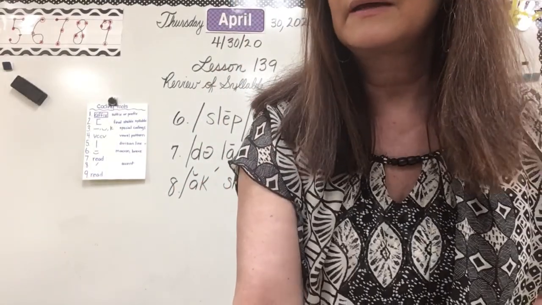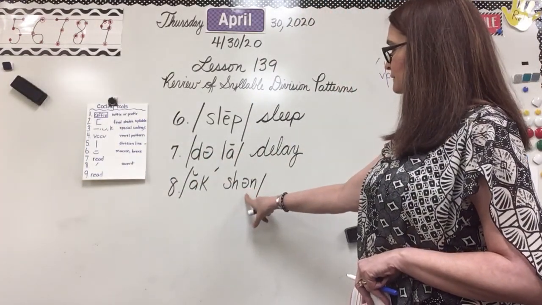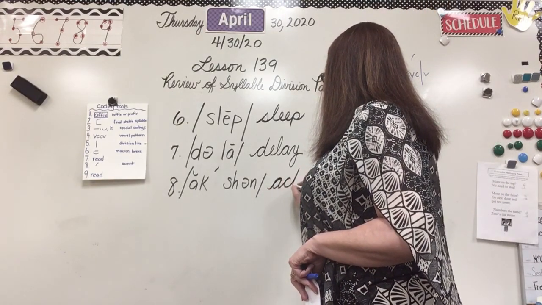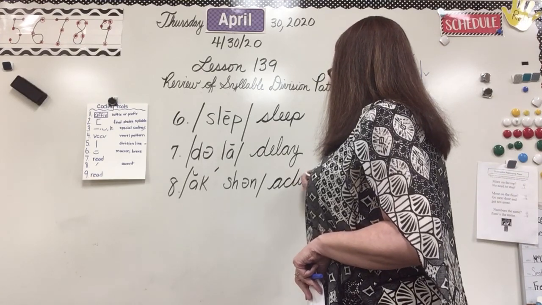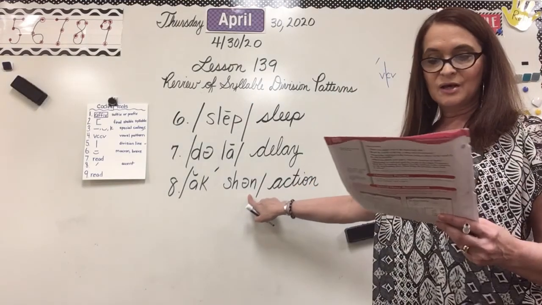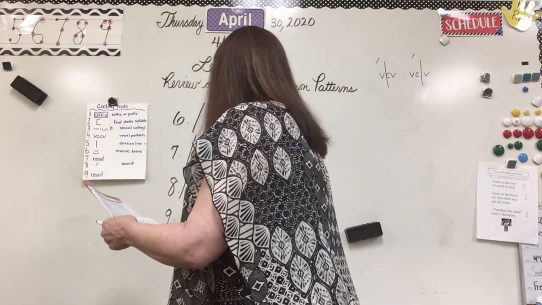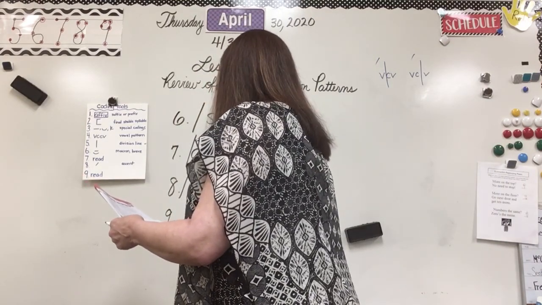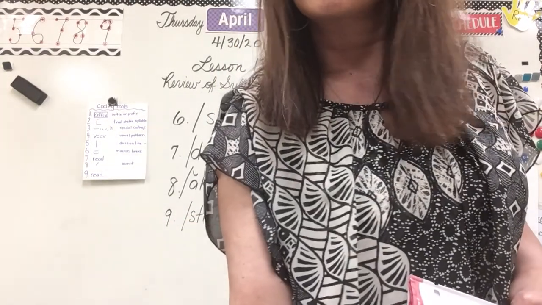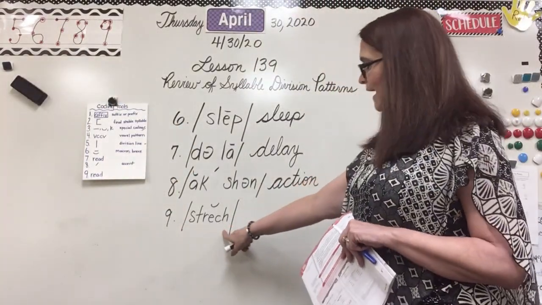All right, and I'm going to pick Sophia. Action. How do you spell that, Sophia? A-C-T-I-O-N. Very good. I have final stable syllable that says shun. Nice job. All right, number 9. Isaiah. Stretch.